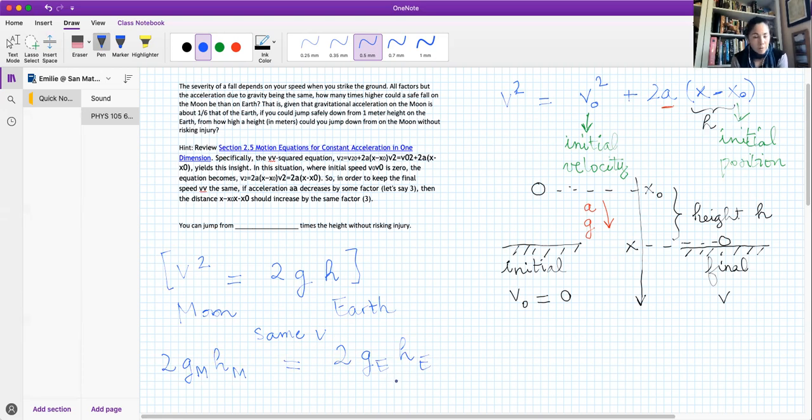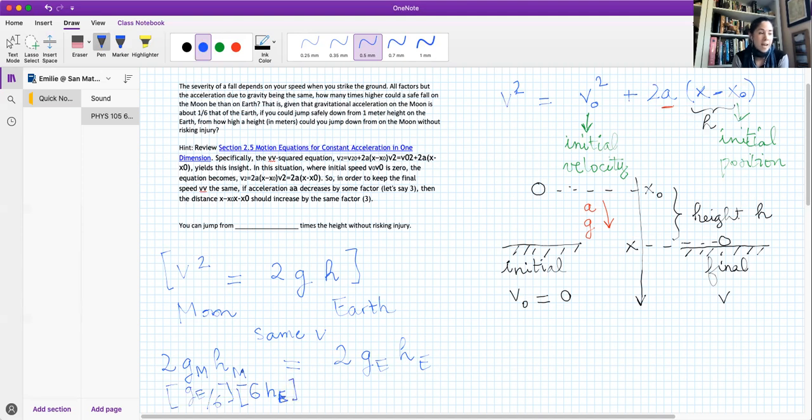Okay, we know one more piece of information at this point. We know that the g of the moon is actually g of the Earth divided by 6. All right, so in order for the left-hand side to be equal to the right-hand side, that means that if I'm dividing by 6, I need to multiply by 6 also. So that means that I'm going to have 6 times the height of the Earth, sorry.